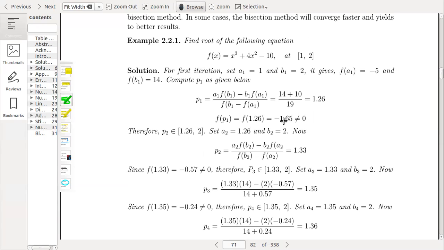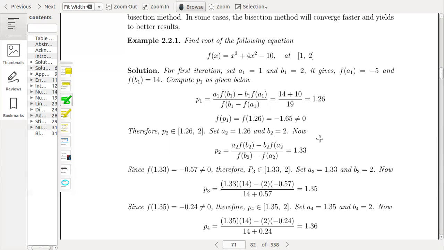It means minus 1.65 is not a root. So we will move to compute the second point, which is in the interval 1.26 and 2. Now we will set the next interval as a2 equal to 1.26 and b2 equal to 2.